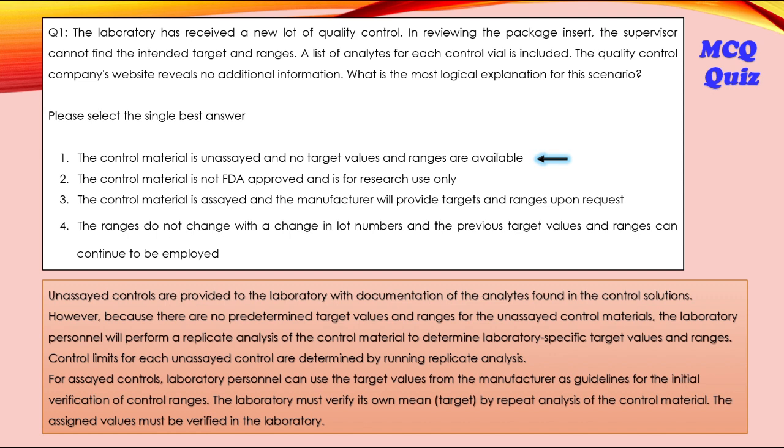Control limits for each unassayed control are determined by running replicate analysis. For assayed controls, laboratory personnel can use the target values from the manufacturer as guidelines for the initial verification of control ranges. The laboratory must verify its own mean target by repeat analysis of the control material. The assigned values must be verified in the laboratory.